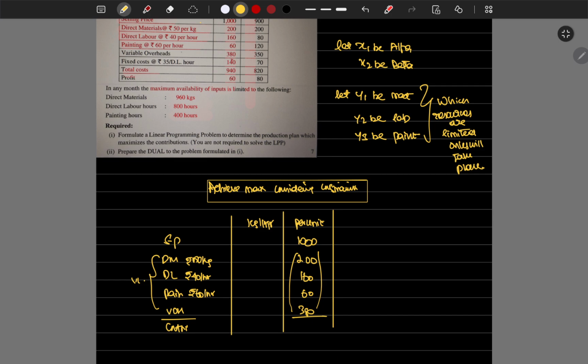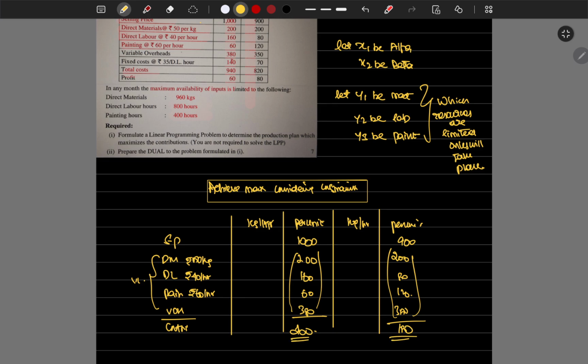We get 1000 minus 200 minus 160 minus 60 minus 380, which is 200 as contribution. Same goes for beta per unit: 900, 200, 80, 120, 350. 900 minus 200 minus 80 minus 120 minus 350 is 150.